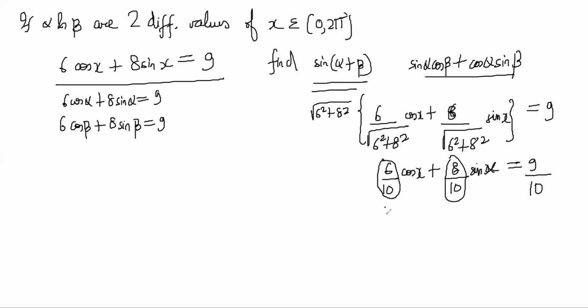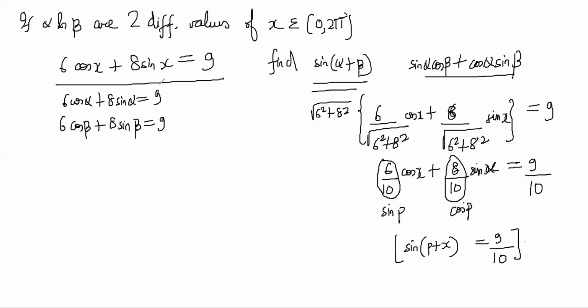Let's call this sine p and this cos p. I don't know the value of p. So this is sine p cos x plus cos p sin x, which becomes sine of p plus x is equal to 9 by 10. This is my equation.